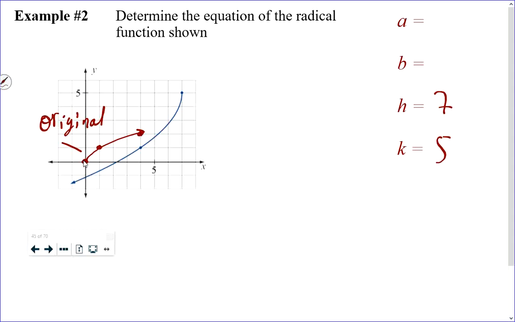Now, there are a couple of ways for you to figure out the value of a and b. When we have a key point, I want you to notice that the vertical distance between the vertex and the first key point is 1. And when I look at the vertical distance between these two key points, the vertical distance is 4.